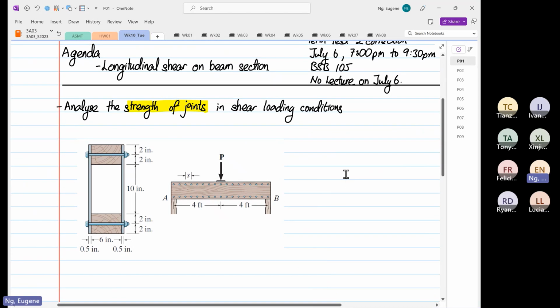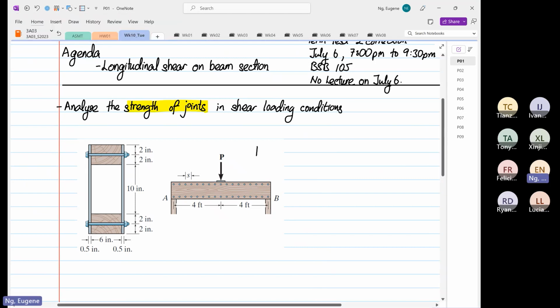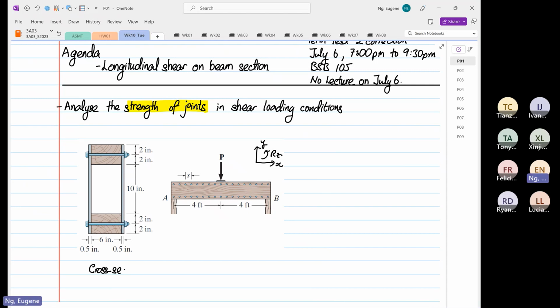If I were to draw our transformation first, this is our X, Y, and this is rotation Z. And over here, this is our cross-sectional view.